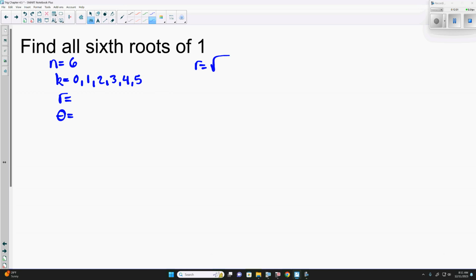R is equal to the square root of a squared plus b squared. Well, our a value in this case is 1, b is 0, which is really just the square root of 1 squared, which is just 1. So r is 1.